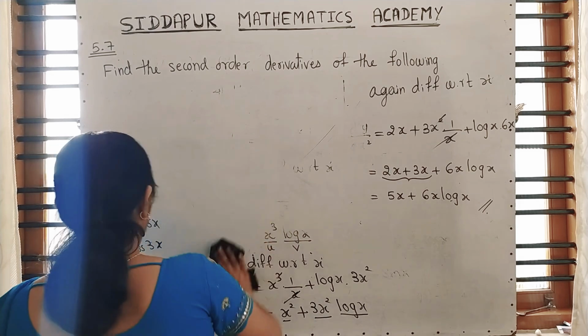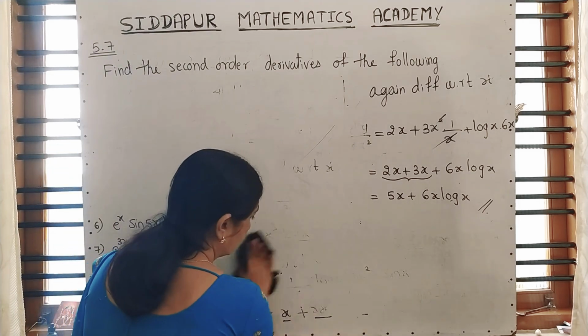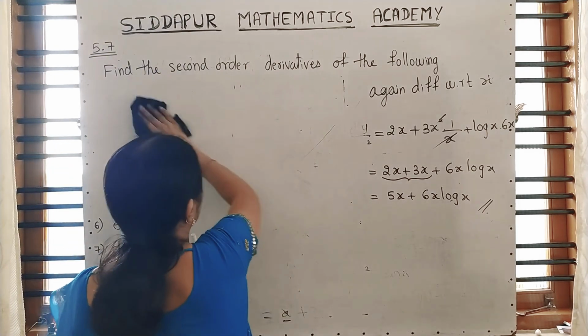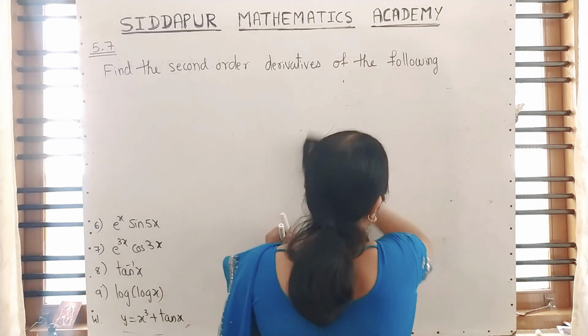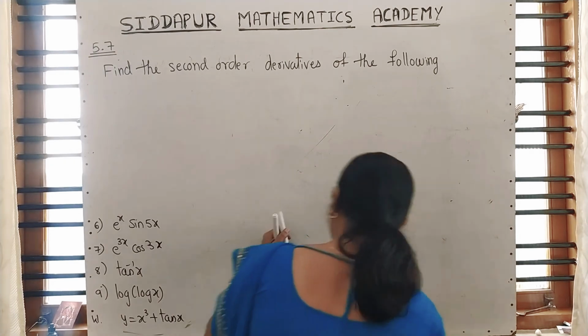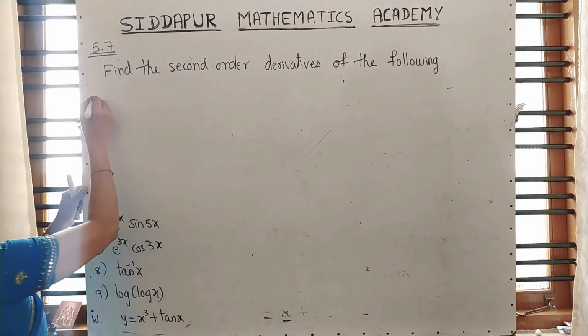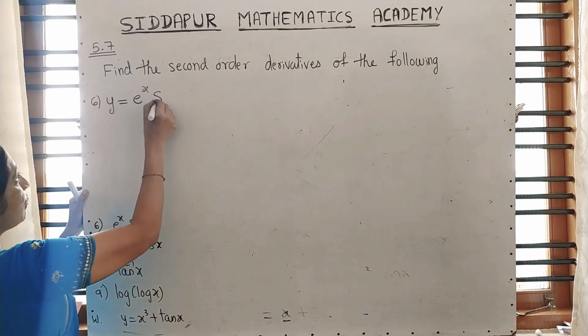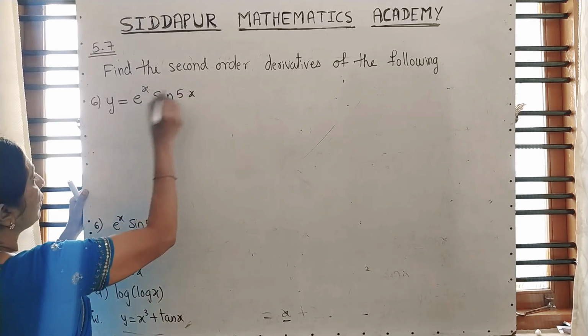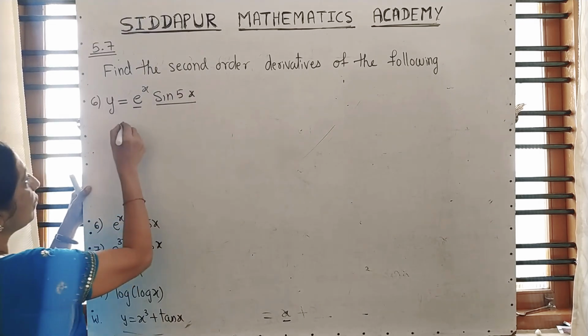Question number 6. See, y is equal to e raised to x into sine 5x. This is u, this is v.